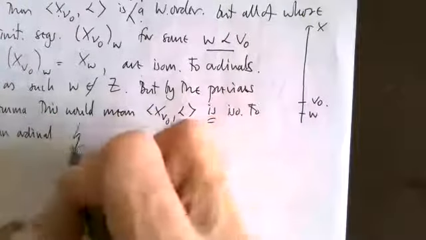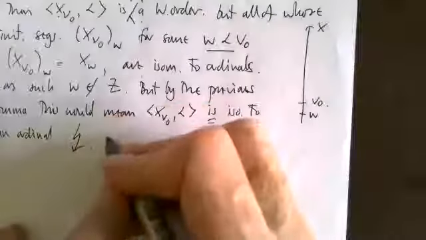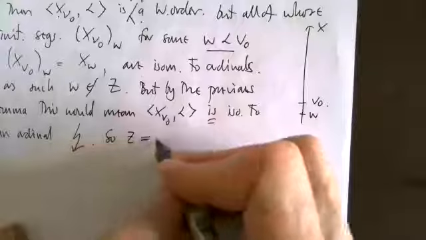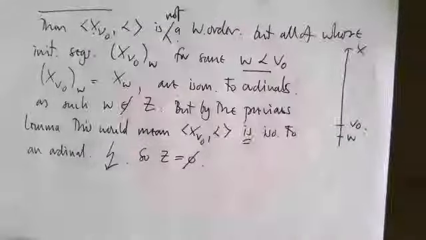So that's a contradiction with V0 being in Z. So Z is empty. That's all we're left with. And we're done in that case.